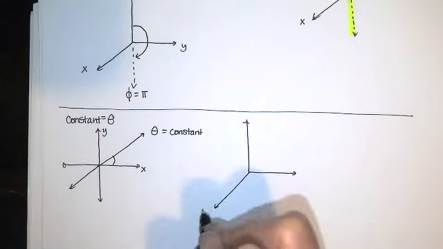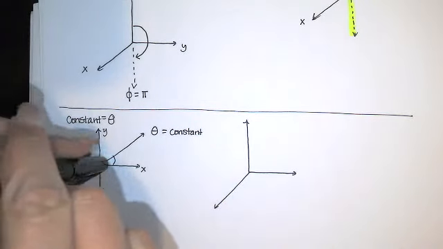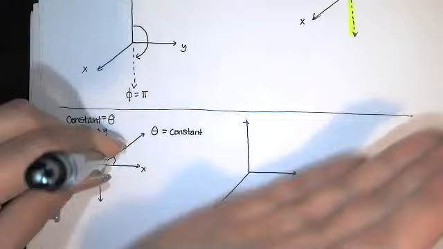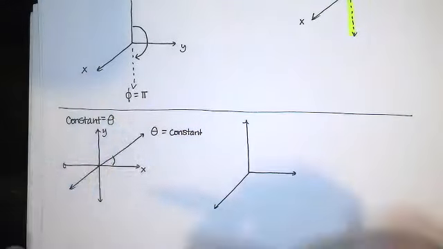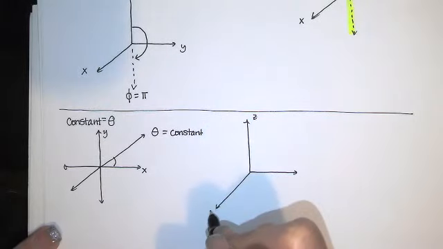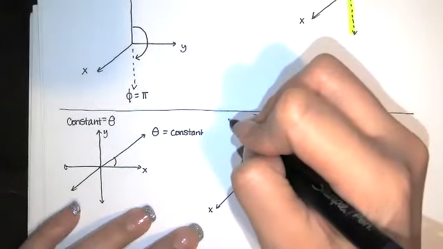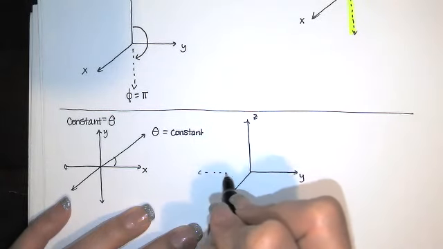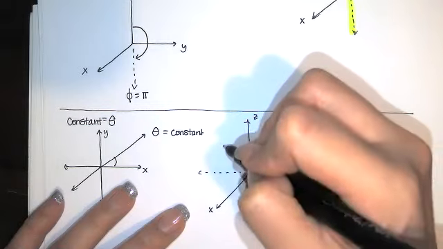Well, that looks like a plane. It's a plane that goes through the z-axis every time, because the z-axis is pointing straight up from this. Here's the x-axis, the y-axis, and the z is going straight up by the right-hand rule. So I'm going to try to draw a plane that passes through the z-axis as best I can.